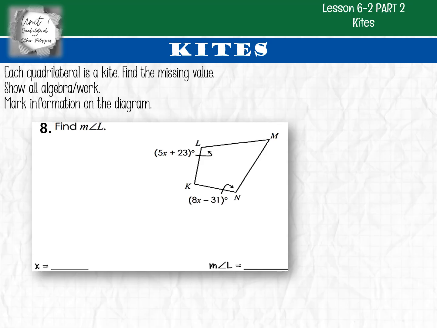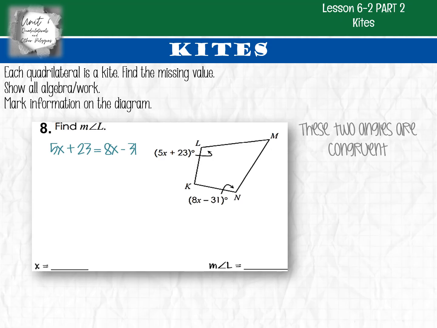Number 8, finding the measure of angle L. Now those two angles are equal to each other, so let's set them equal to each other. 5x plus 23 equals 8x minus 31. Subtract the 5x on both sides because it's the smallest. We get 23 on the left equals 3x minus 31. Add 31 to both sides to get rid of the minus 31.